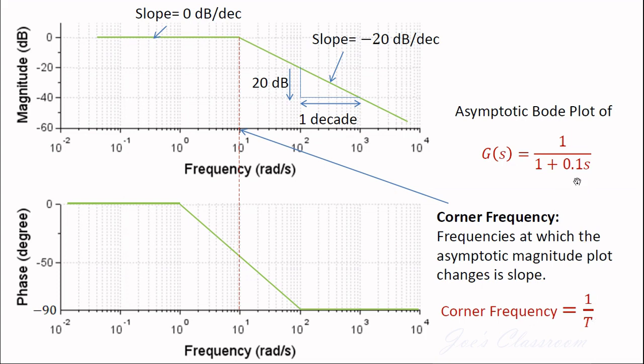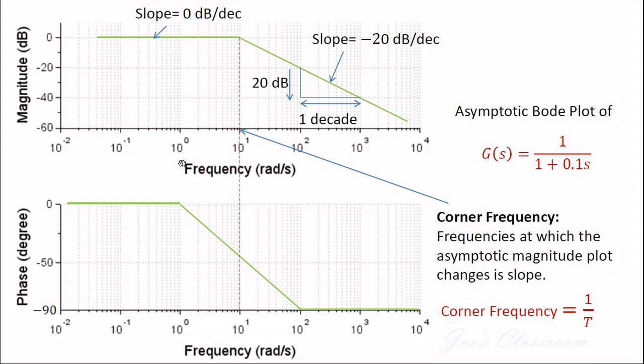To find the corner frequency of any transfer function, first of all, the transfer function should be in a time constant form. Then only you can get the t value easily. So it has to be in the form 1 plus ts.